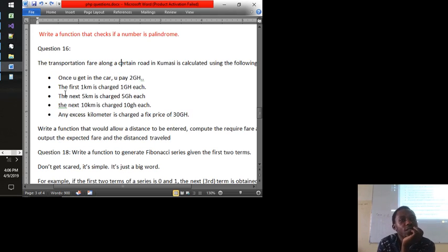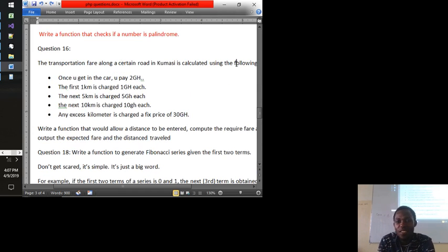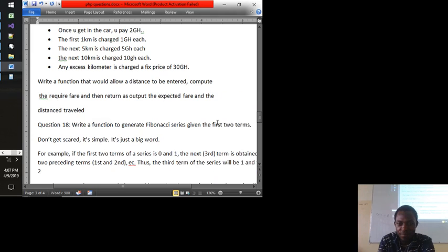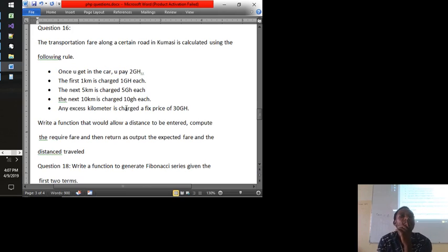Now this is the one Stella did. Let's try to understand the question. These are the transport rules, right? Once you get inside the car, you pay 2 Ghana cedis.